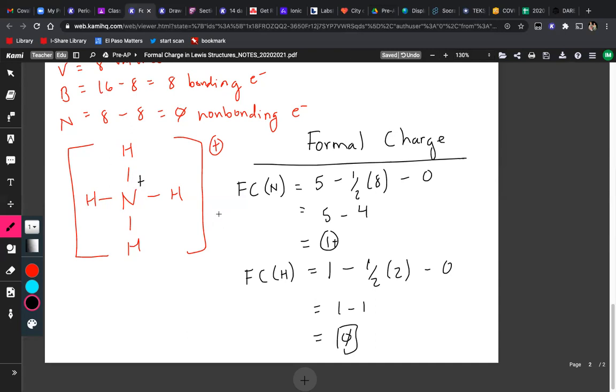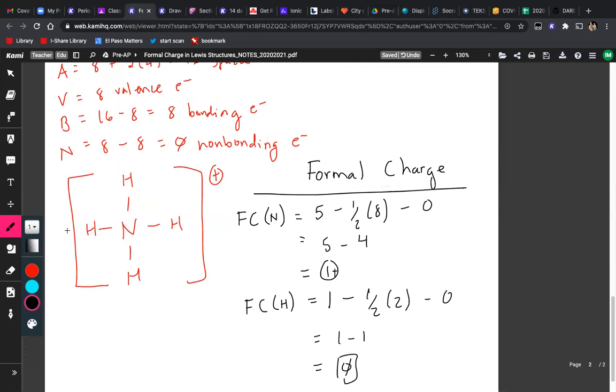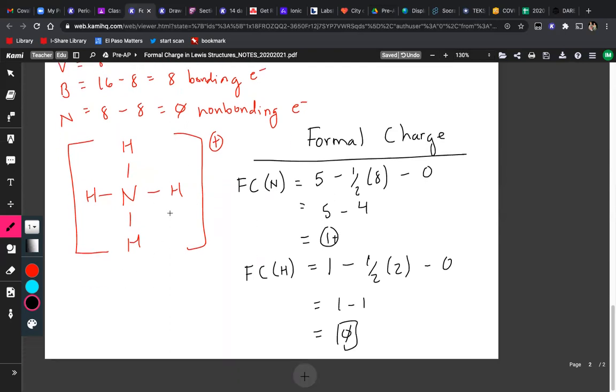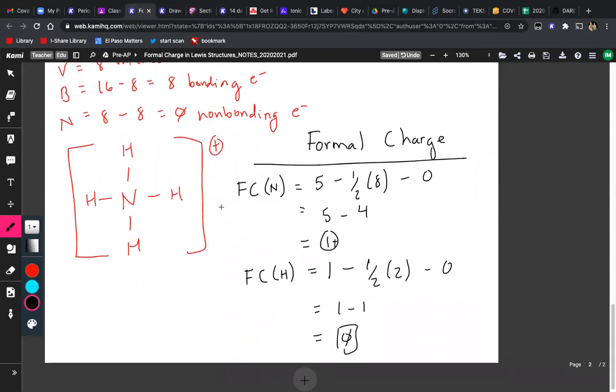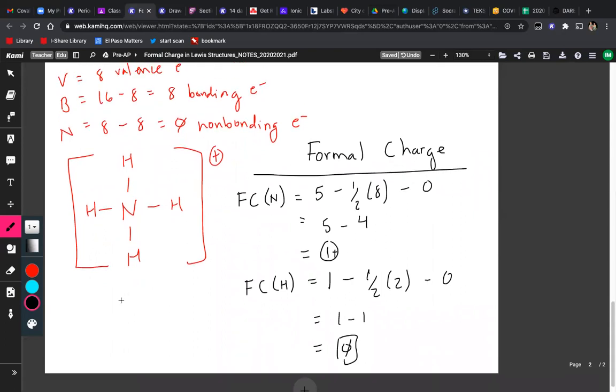Okay. Why is this important? Why do we care? Because moving forward, we're going to be working with more complex molecules. Remember, I said that we might see some ionic compounds that work with polyatomic ions. So it's not going to be the simple MgCl2 all the time.